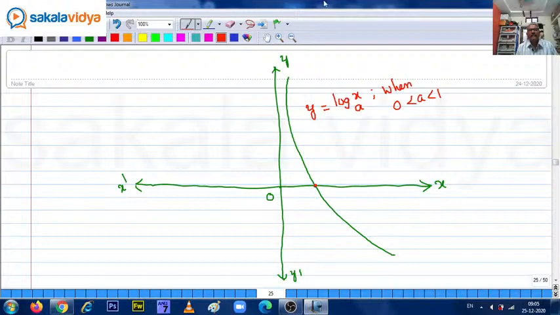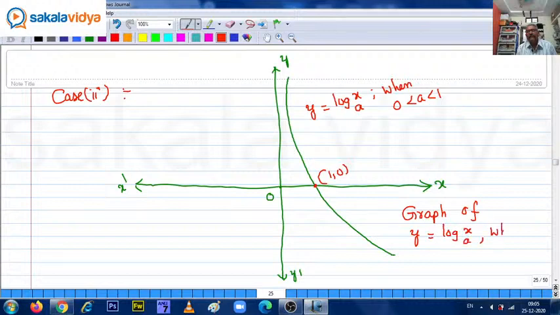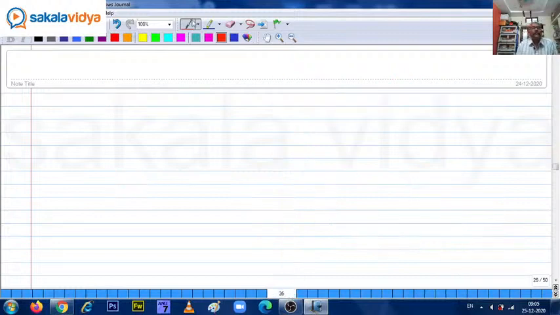It also crosses the x-axis at 1, 0. This is the case 2 graph, the graph of y equal to log x to the base a when 0 is less than a less than 1. Two cases. Right. From this, see some important points.